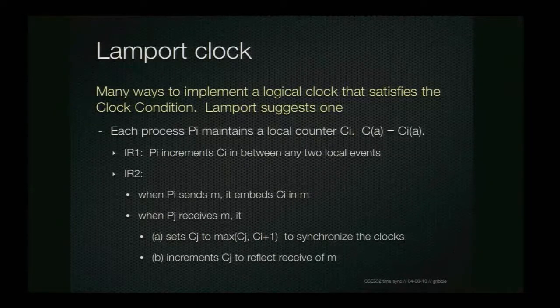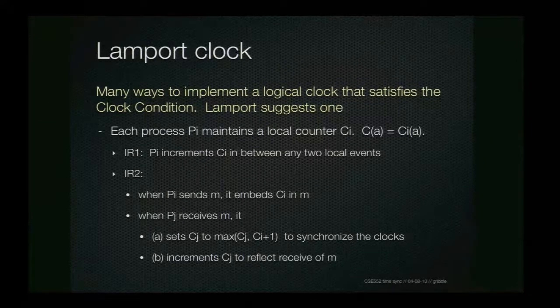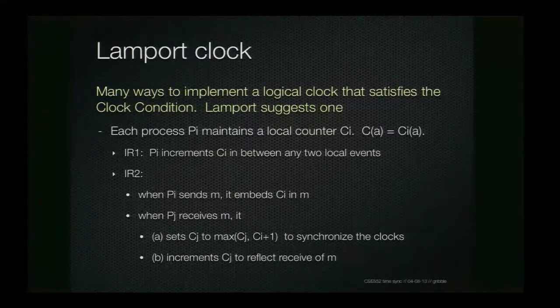Then I have to adjust my receive timestamp upwards to keep these clocks in sync with respect to causality. You also have to adjust your clocks at the receive, even if their clock is smaller, because you need that to be its own event. Right. So the receiving of a message is an event unto itself. So once I've done this comparison and maximum, then I have to increment it by 1 again in order to compensate for the fact that the receiving was an actual event between other events on the same process timeline.